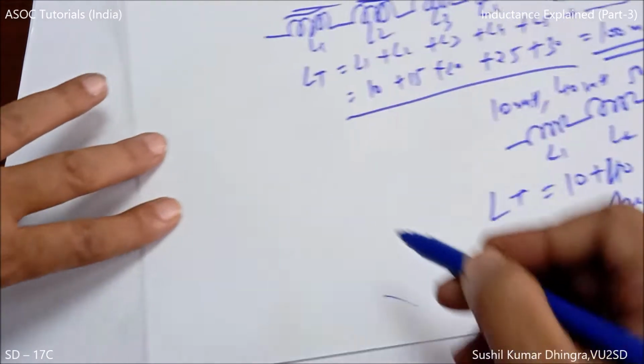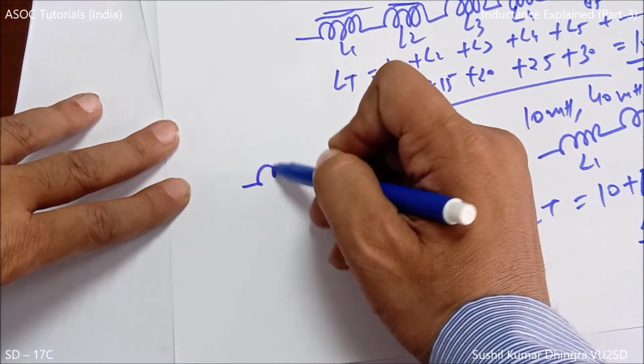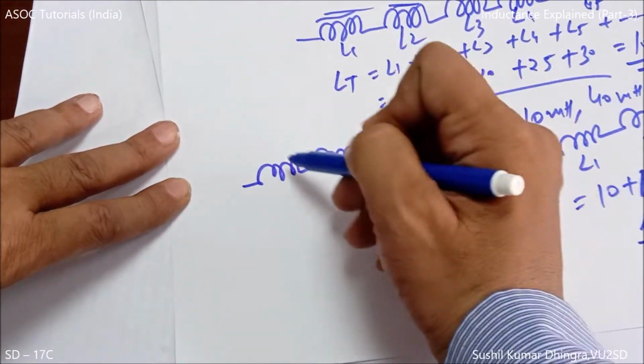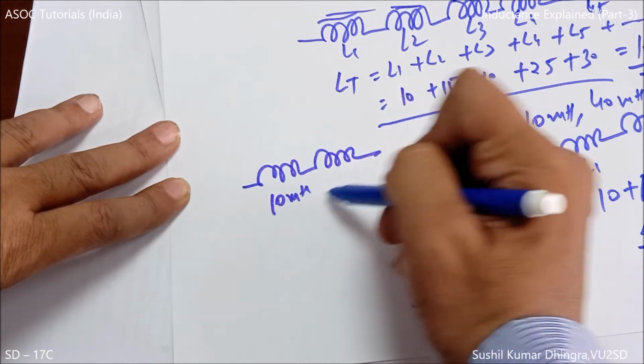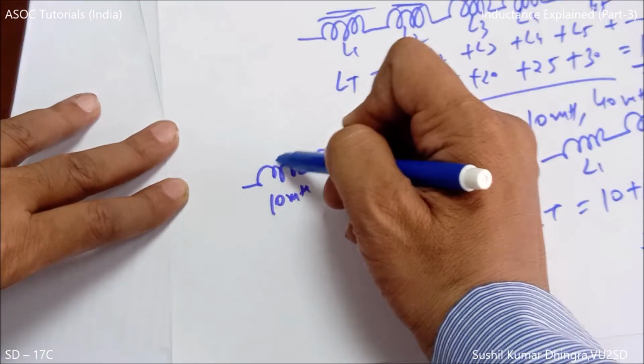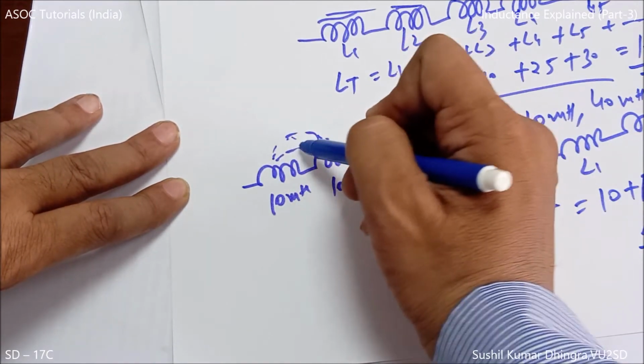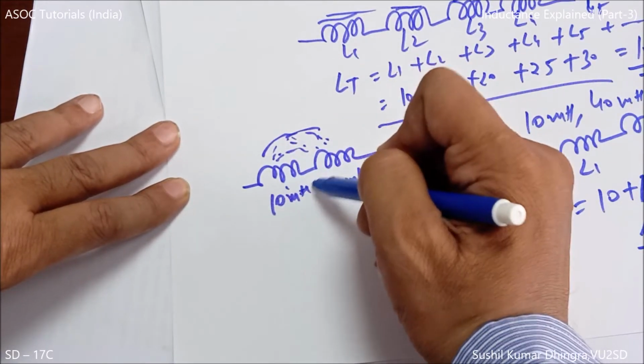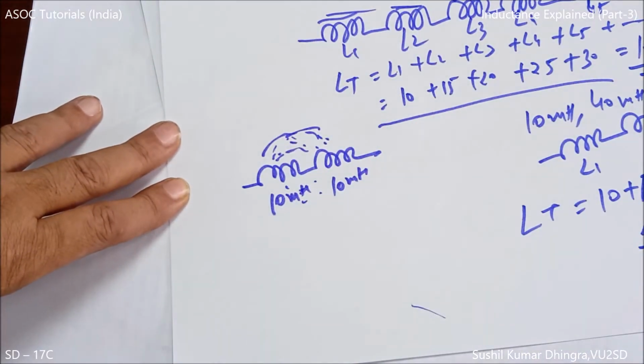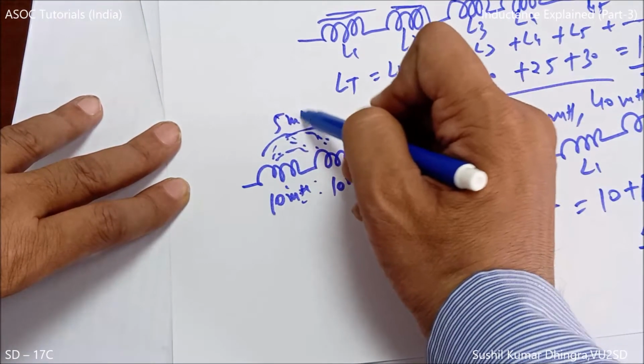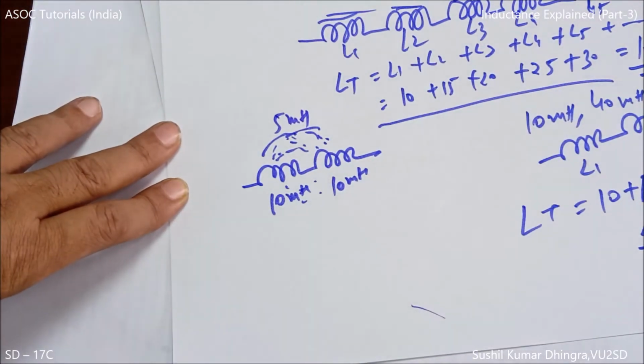Now I have a different question, so watch carefully. I have two coils, 10 millihenry, 10 millihenry, and surprise, they are connected with flux also, and this flux or field is giving 5 millihenry. Now it is totally different.